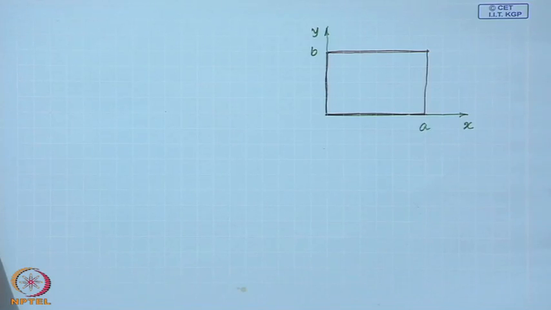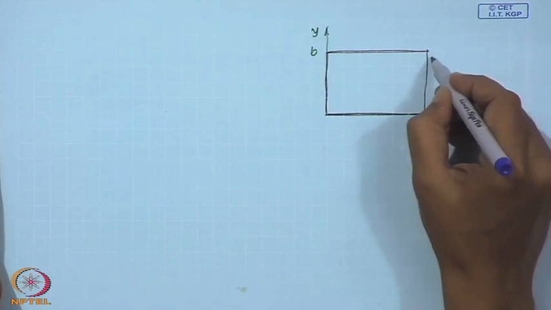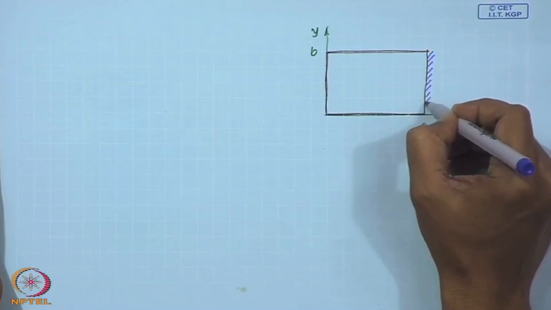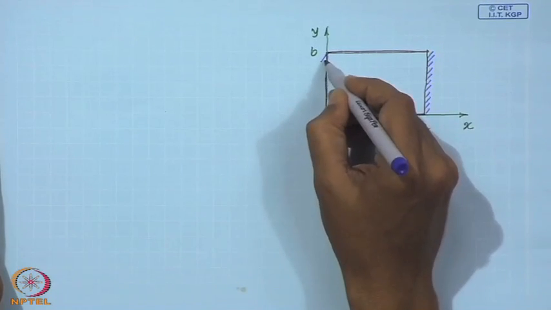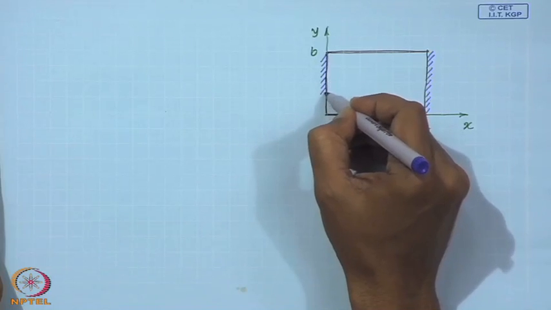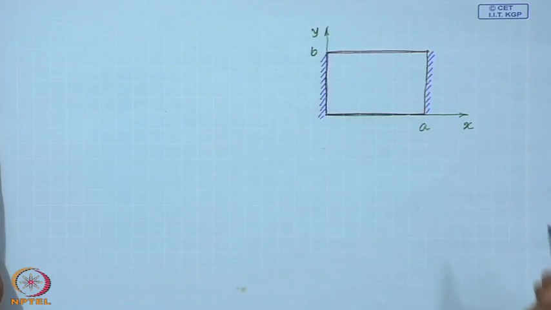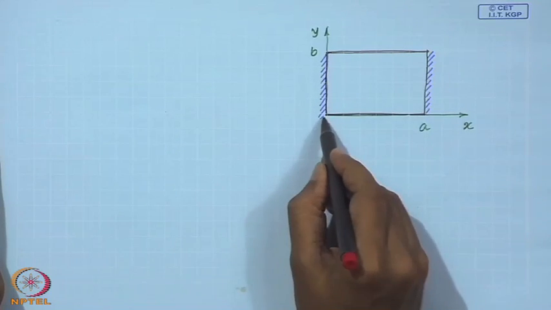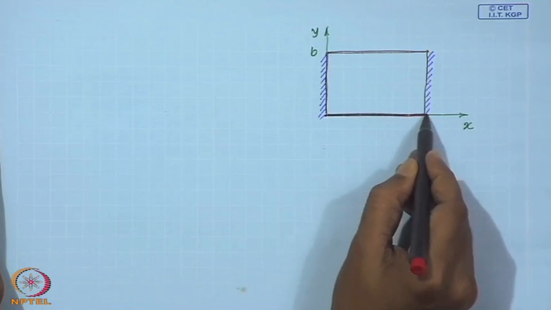Now, we will assume that this side is simply supported and these two sides are clamped.